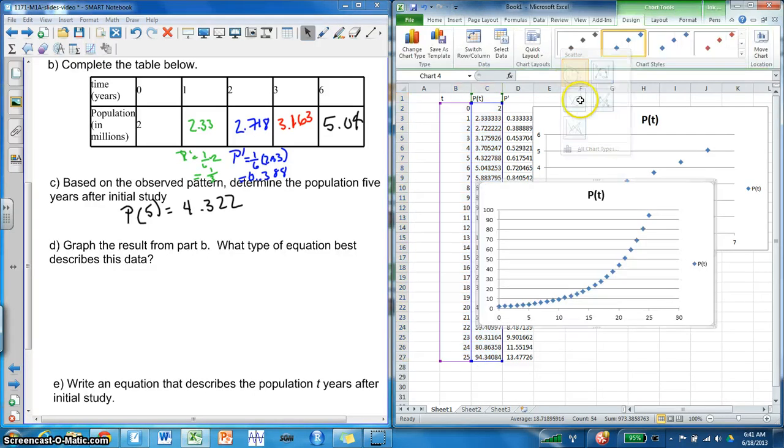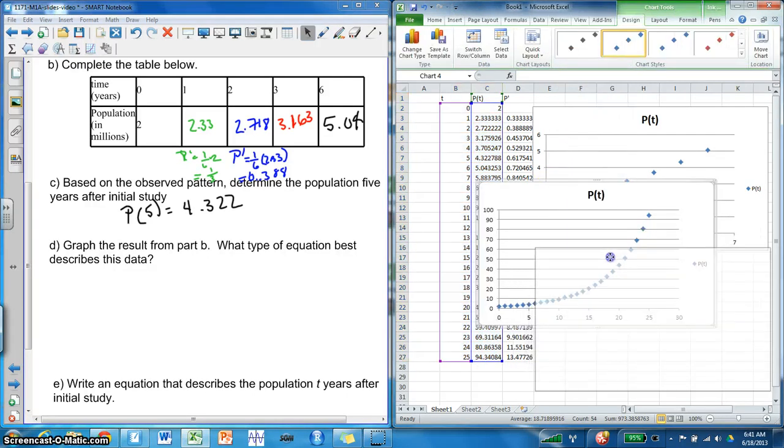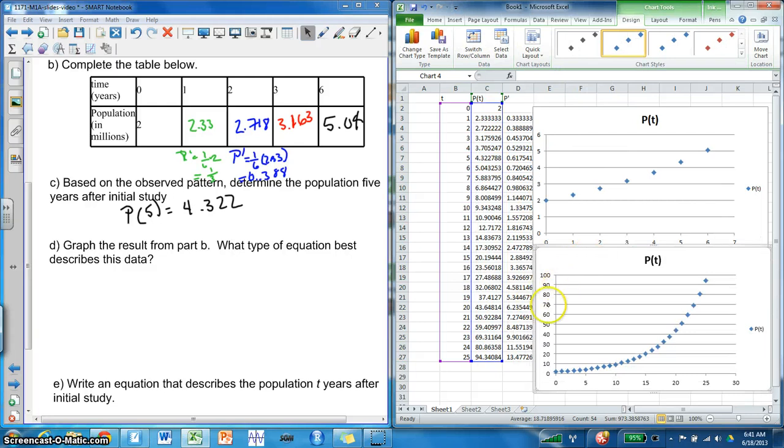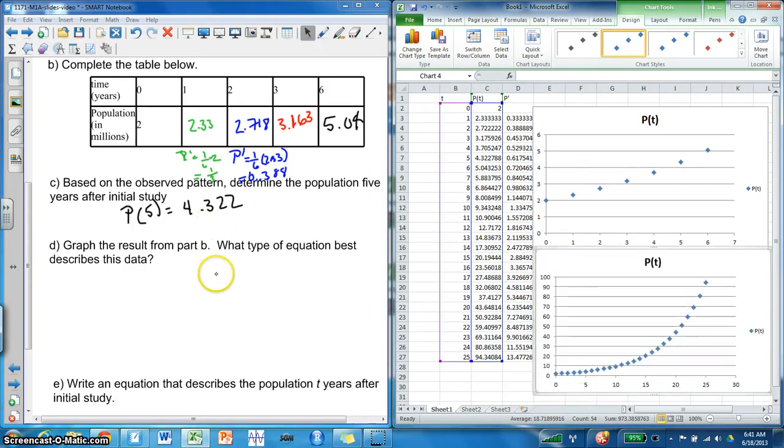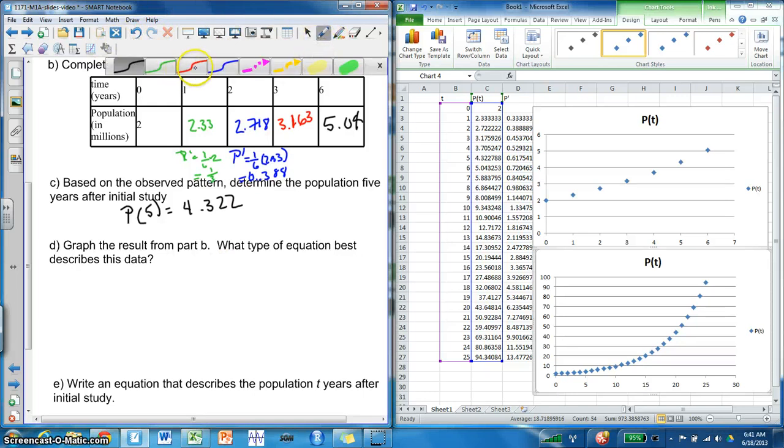So I'm going to insert scatter, and if I make one with more data points, this actually looks exponential. Okay, and typically populations follow an exponential model. So really the answer here, even though it looks to be somewhat linear, it's actually going to be exponential. So an exponential equation.